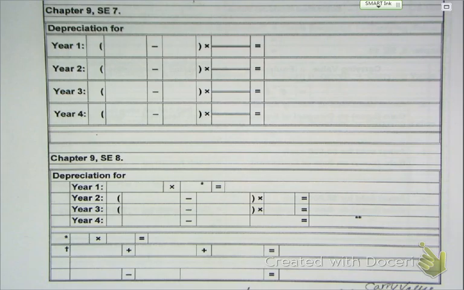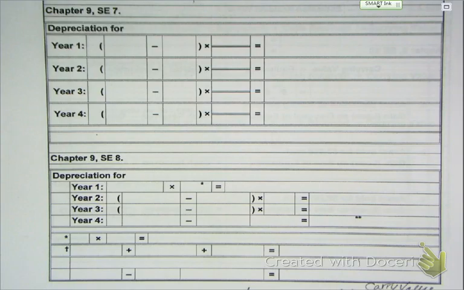It was used for 2,400 hours in year 1, 2,000 hours in year 2, 2,200 hours in year 3, and 1,400 hours in year 4. So each year, we're going to multiply the actual number of hours used by the factor that we calculated for that step piece of equipment.